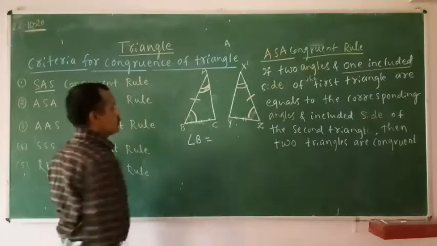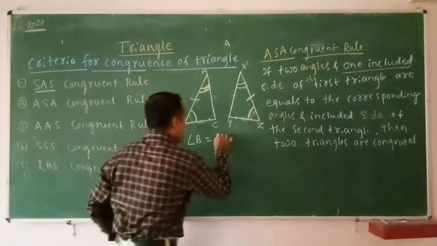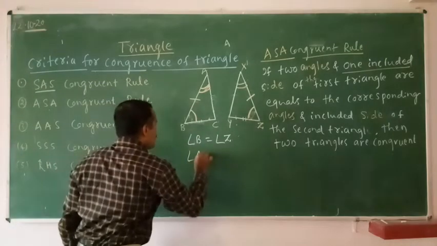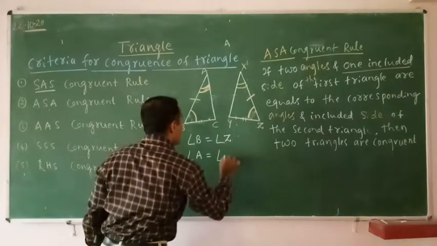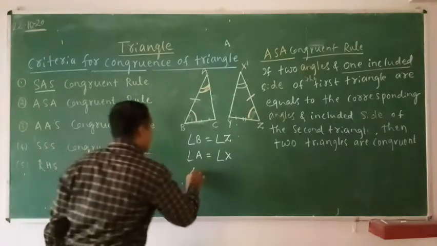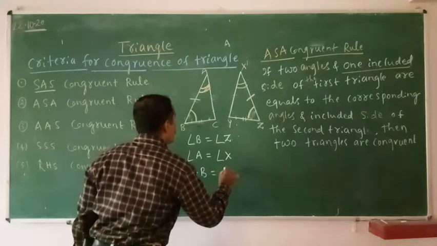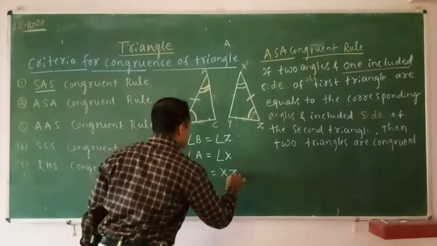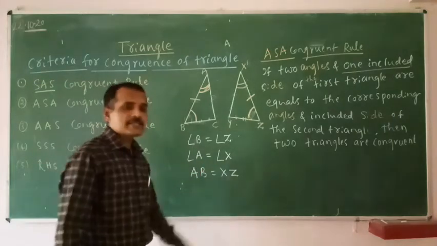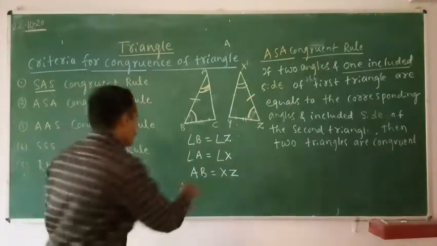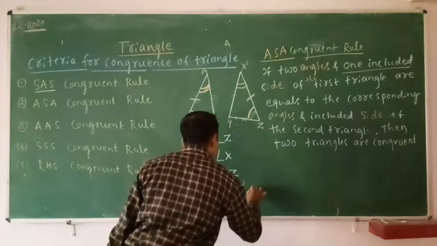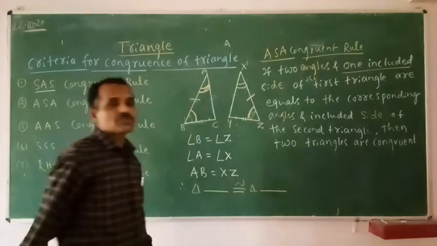Angle B is equal to angle Z. Angle A is equal to angle X. Further, AB is equal to XZ. Three things from the first, three things from the second, they are equal. Therefore, triangle dash is congruent to triangle dash.